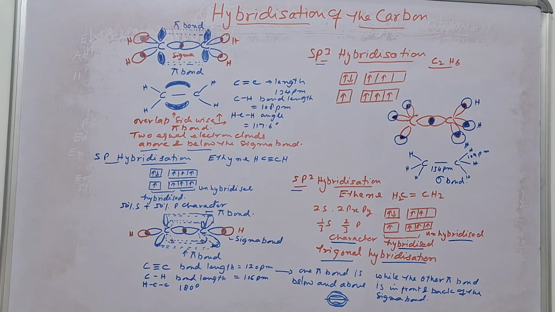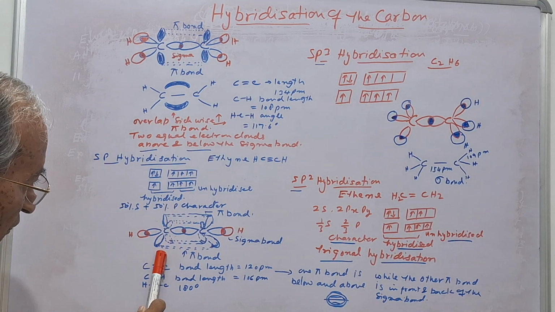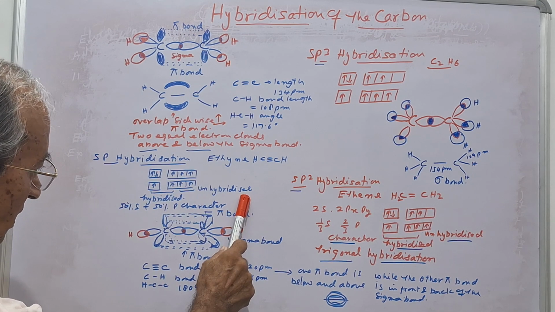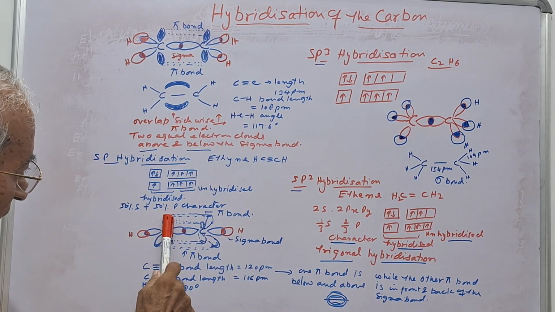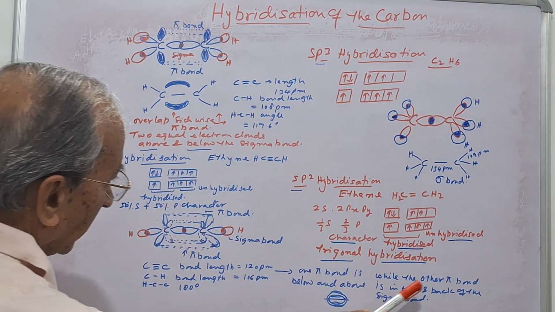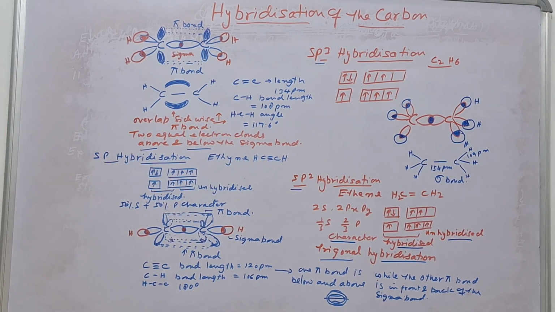This is a very important thing. Listen again. So here, the two unhybridized orbitals form the pi bonds below and above and in front and at the back of the sigma bond.